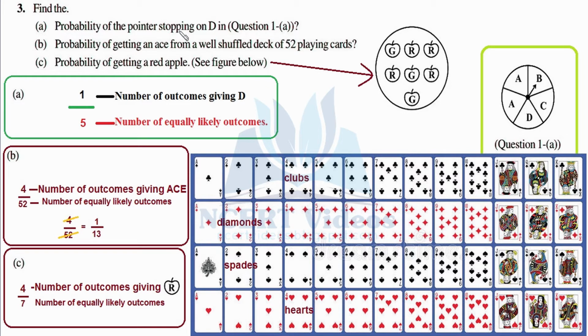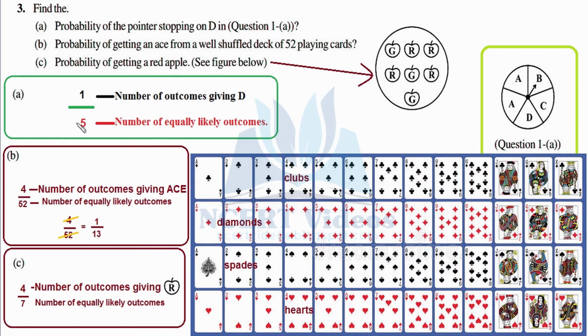Let's tackle the A part. We need to reconsider this question first A. So the same has been displayed over here for reference. We need to find the probability of pointer stopping at D. So how many D's are here? Only one instance of D. So the numerator should be 1. This is because in the numerator we write the number of outcomes giving D. It is only one outcome.